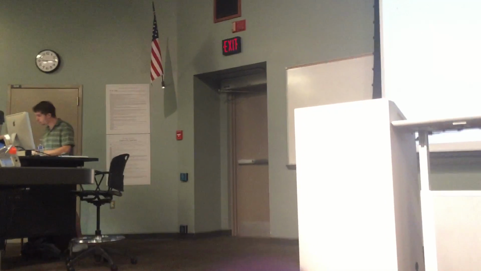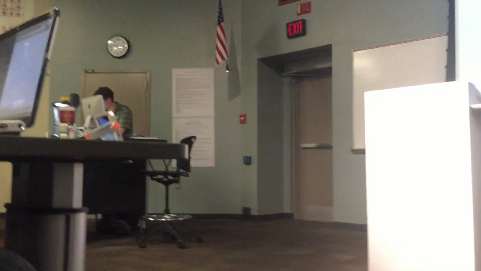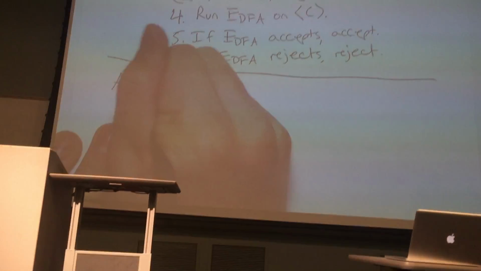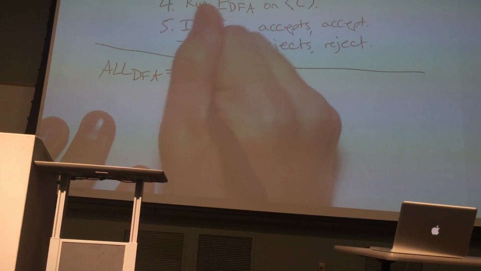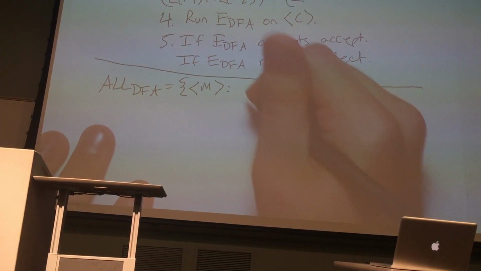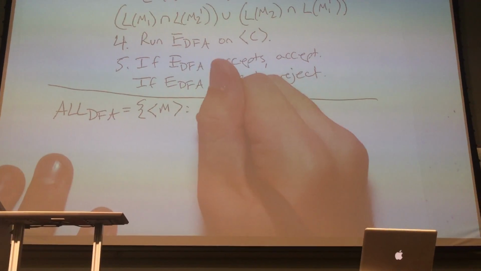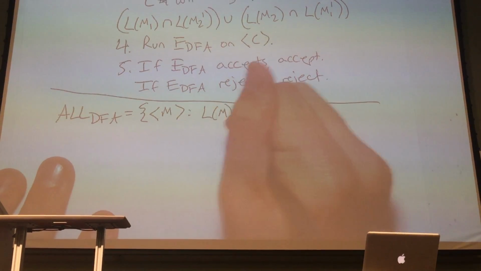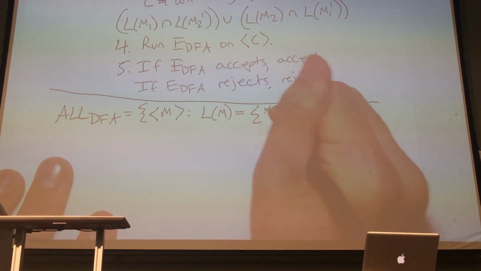So, let's do one that's slightly related. And it's very short. So ALL sub DFA is just a machine, and I want to check L of M is sigma star.